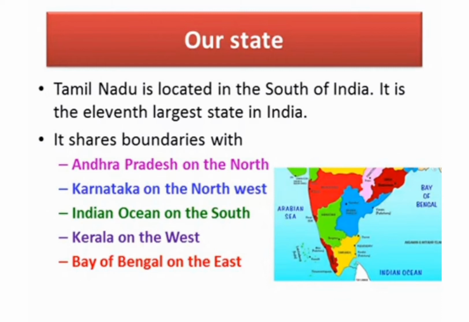The boundaries of Tamil Nadu are Andhra Pradesh on the north, Karnataka on the northwest, Indian Ocean on the south, Kerala on the west and Bay of Bengal on the east.